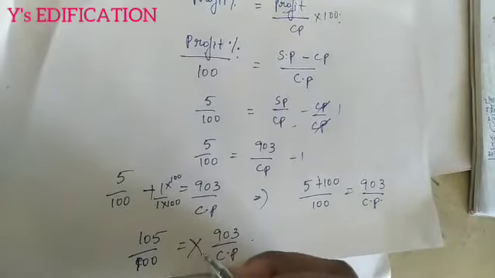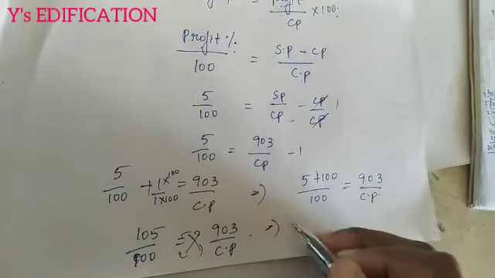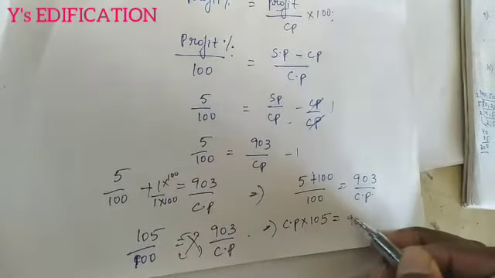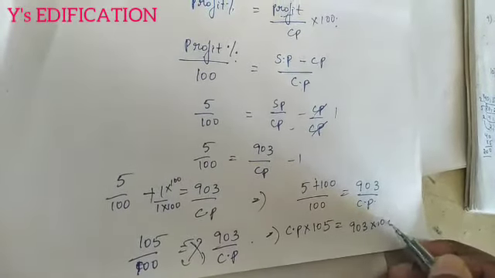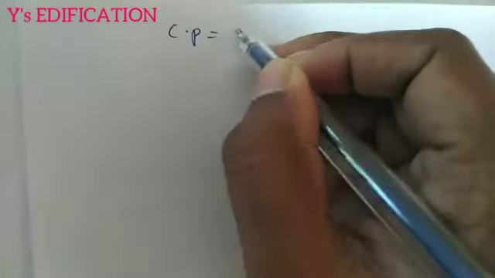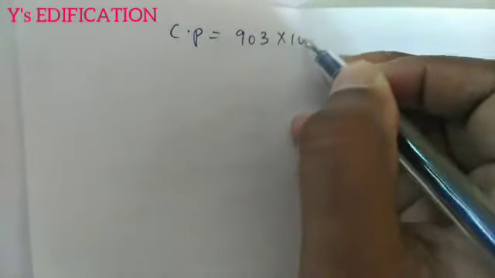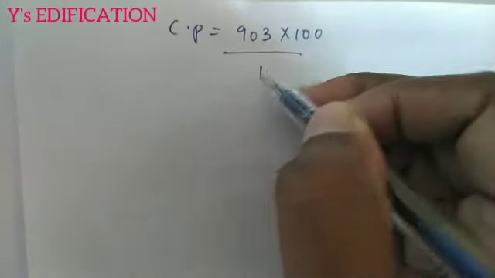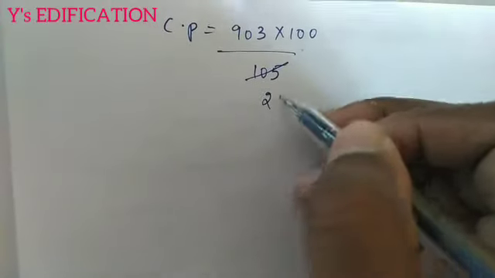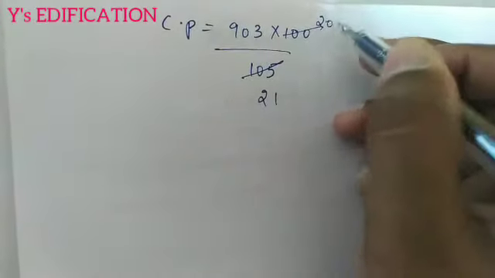We want CP value, so do the cross multiplication. So CP into 105 is equal to 903 into 100. So CP is equal to 903 into 100 by 105. Let us do the calculation with 5. 5 into 21, 5 into 20.